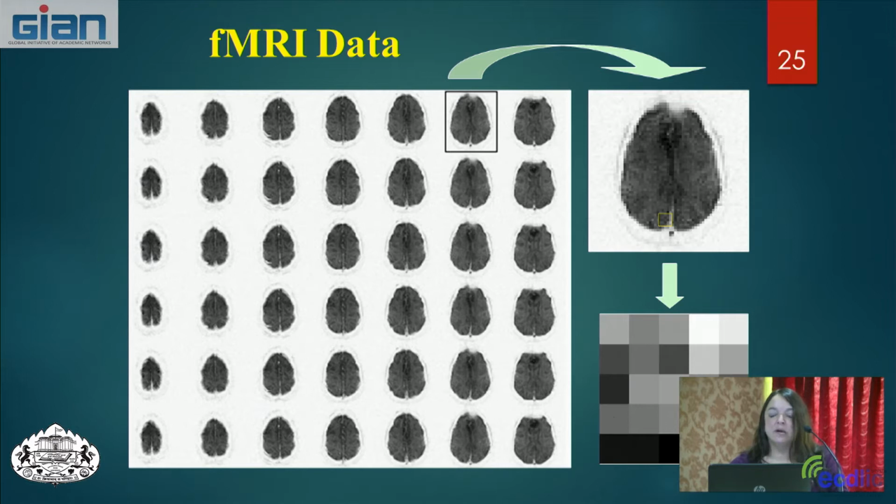Okay, so if we blow up a little area, I don't know if you can see this little square here, if we blow that up just a little bit, you can see sort of what the data looks like on a smaller scale. It's big, it's chunky, it's not a nice anatomical brain like we get with the structural scans. So we have limited resolution. We're collecting very fast, so we're trading off our resolution for our time.